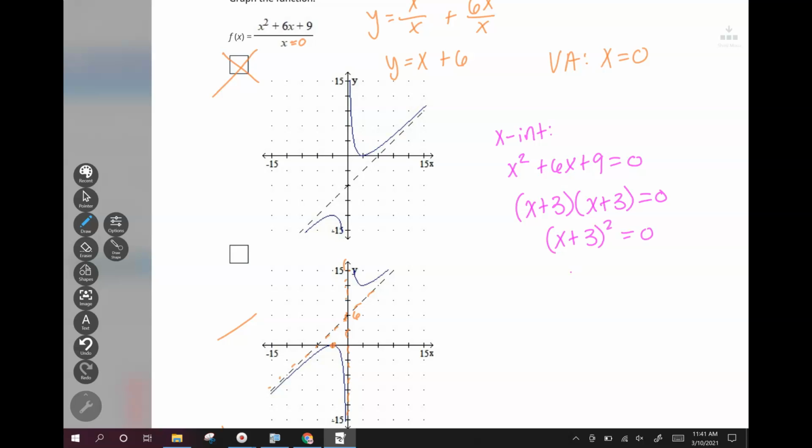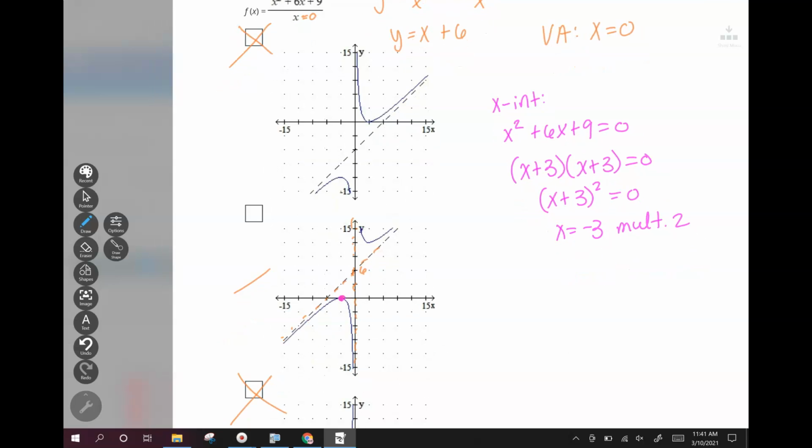Well, that's just a 0 of -3, multiplicity 2, which we talked about earlier this year. Sorry, not long ago at all. Multiplicity 2 tells me it should bounce at -3. Well, look, perfect. I have a 0 at -3 and it's bouncing there, so that's exactly what we want.